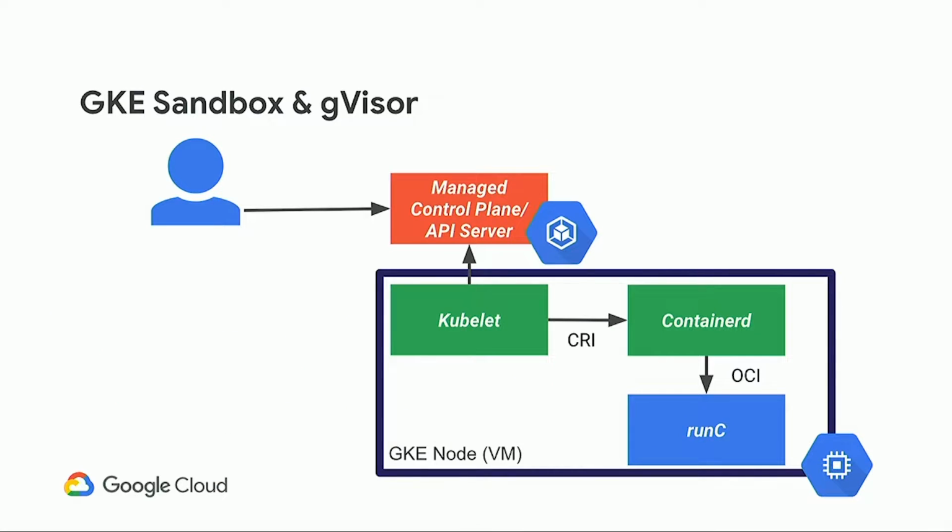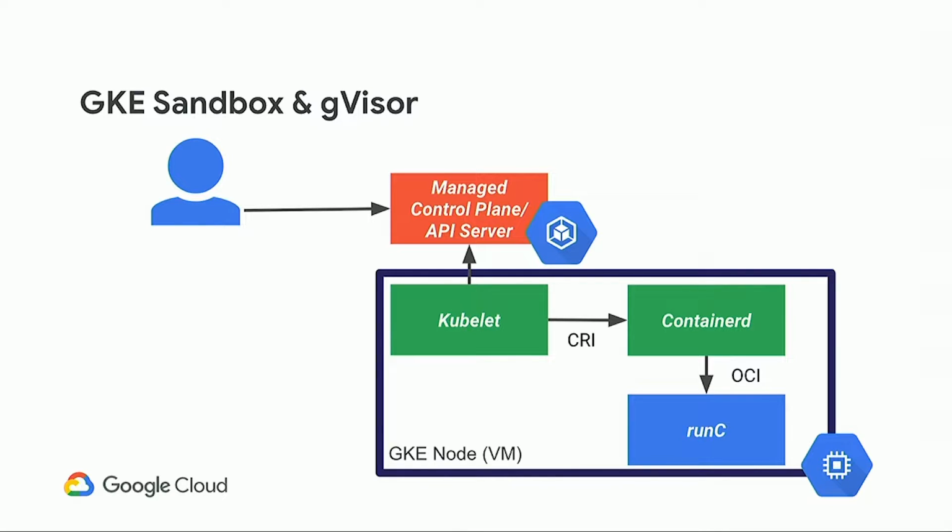So let's drill down into one of these nodes. Each of these nodes has an agent, the Kubernetes agent, the kubelet, and that kubelet is responsible for running the workloads on that VM or worker node. In order to run containers, it uses an extra runtime, in this case containerd, which is a high-level runtime.